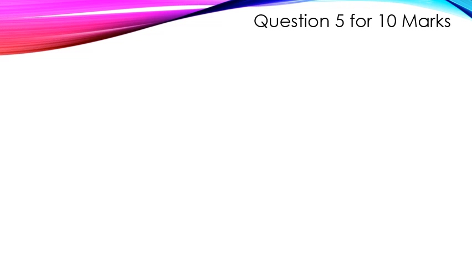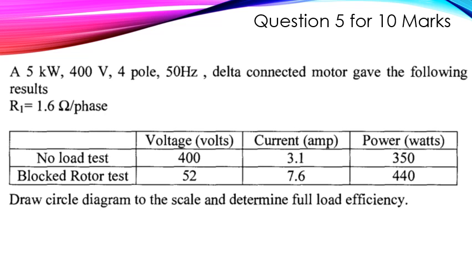Now the next question is question 5, which is for 10 marks, and that is of circle diagram. So the question is: a 5 kilowatt, 400 volts, 4 pole, 50 hertz delta connected motor gave the following results, and it is assumed that the stator resistance is 1.6 ohm per phase.